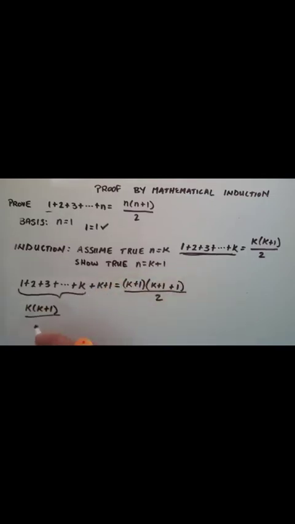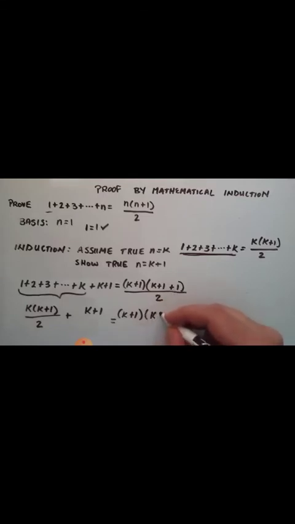The next term will be k plus 1, so we can write this term as (k plus 1) by 1, and to make it up, we multiply by 2 upon 2.